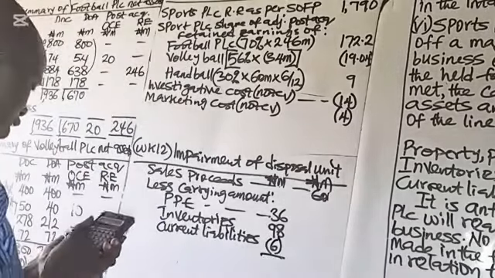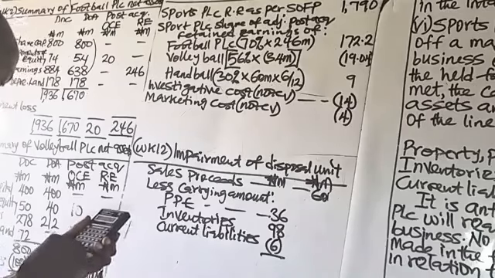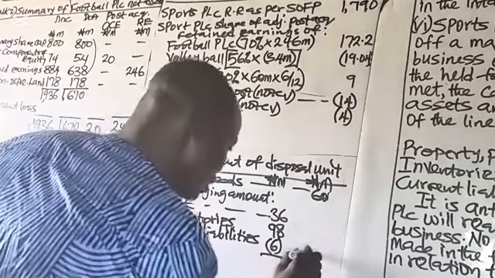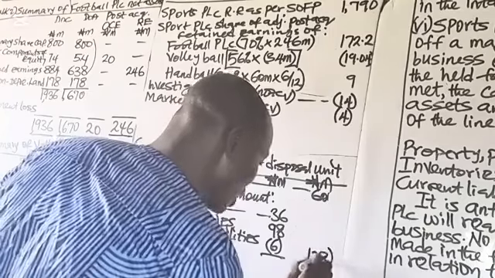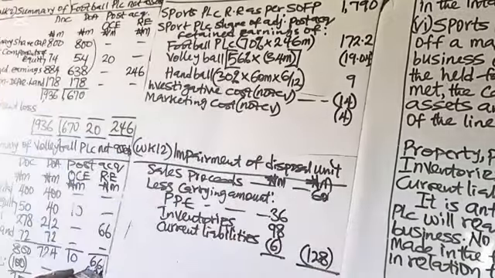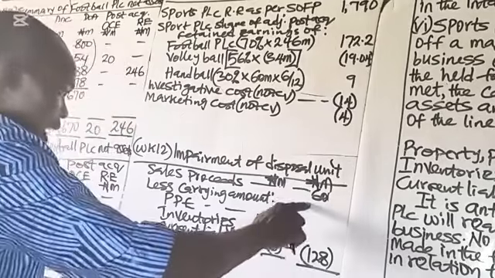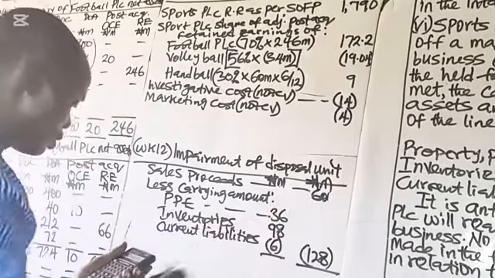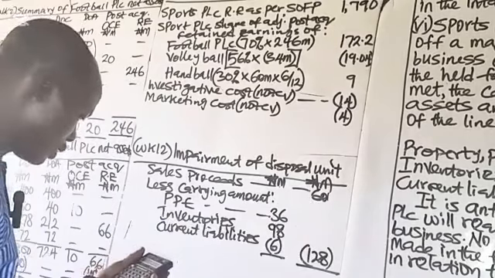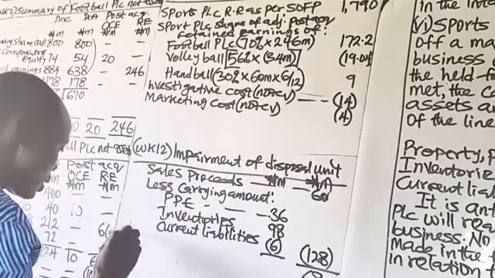So 36 plus 98 minus 6, you have the carrying amount is 128 million. And it was realized for 60 million. That means there is an impairment loss because the carrying amount is greater than the market value. So impairment of 68 million. So we have impairment loss.